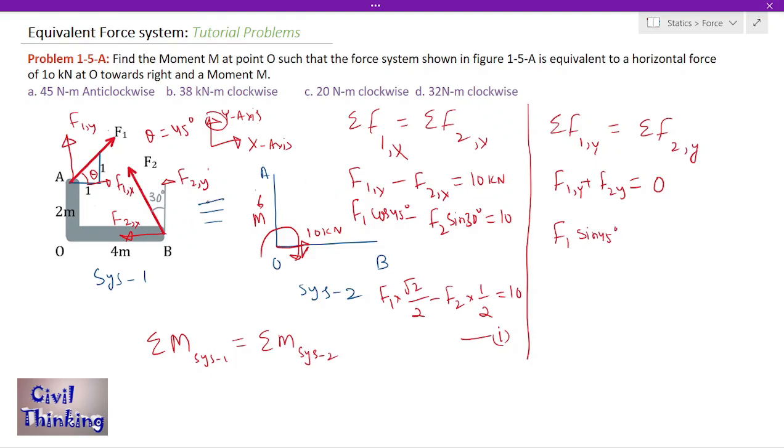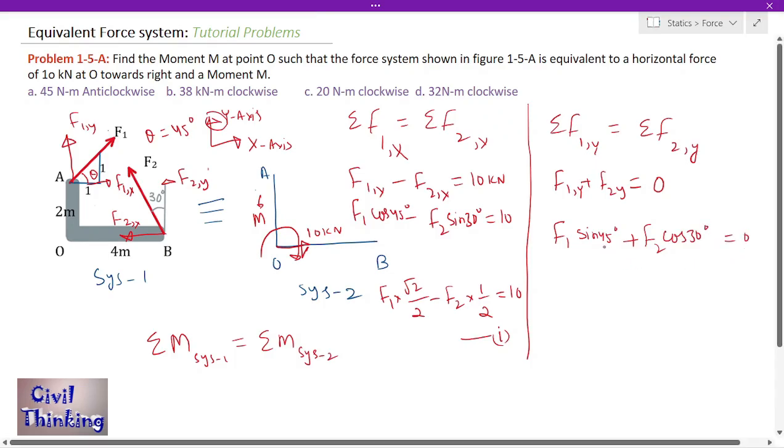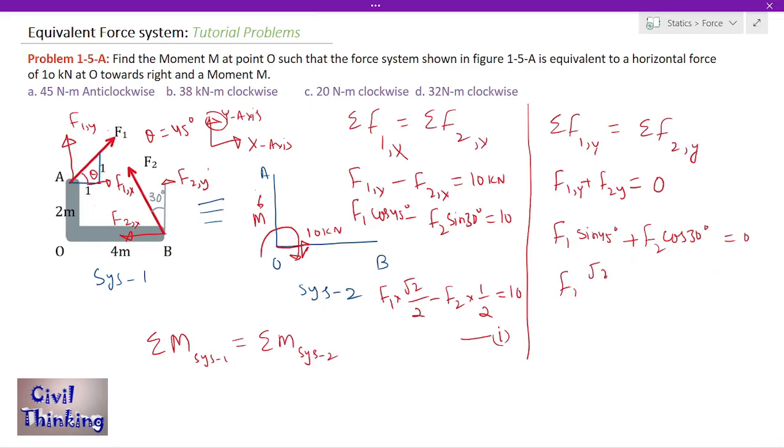Now f2y is f2 cos 30 degree, it equals 0, okay. Now sine 45 degree is square root of 2 divided by 2, so f1 square root of 2 divided by 2 plus f2 cos 30 degree. Cos 30 degree is square root of 3 divided by 2, okay. It is equal to 0. Let me call this equation second.